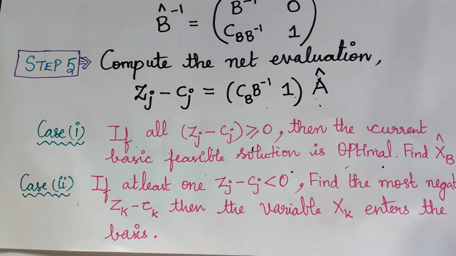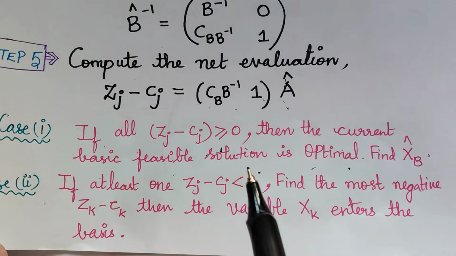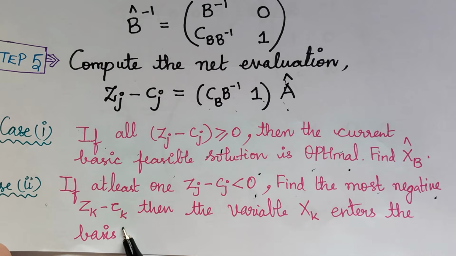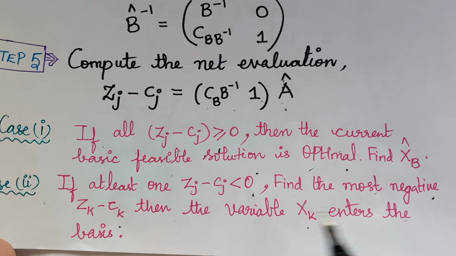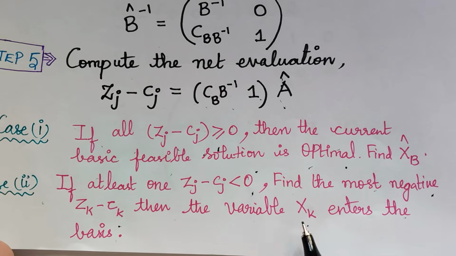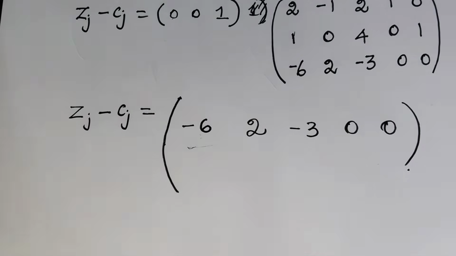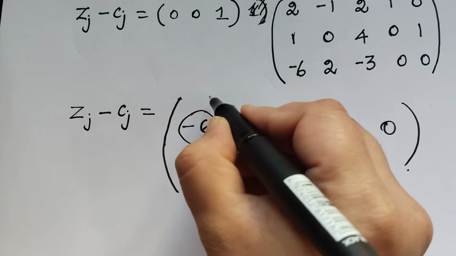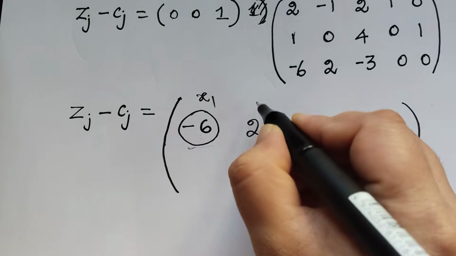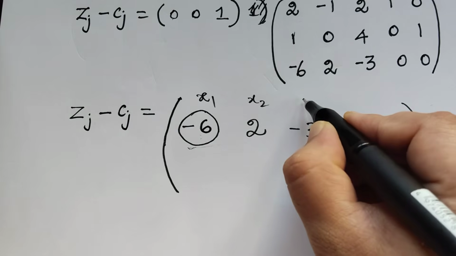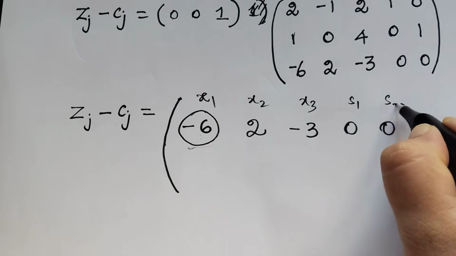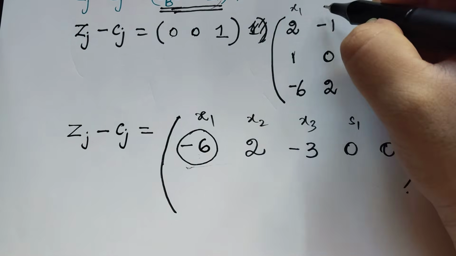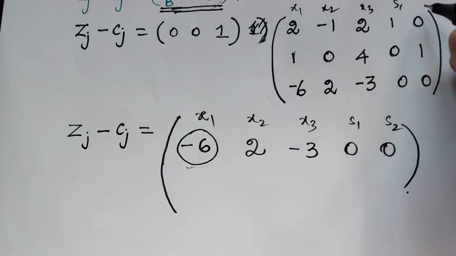Case 2 says that if at least one Zj minus Cj is lesser than 0, find the most negative Zk minus Ck. Then the variable xk enters the basis. So we have to see what is the most negative of all these values. Minus 6 is the most negative, and we know that it corresponds to the variable x1, because the matrix A cap we had was for x1, x2, x3, s1, s2.